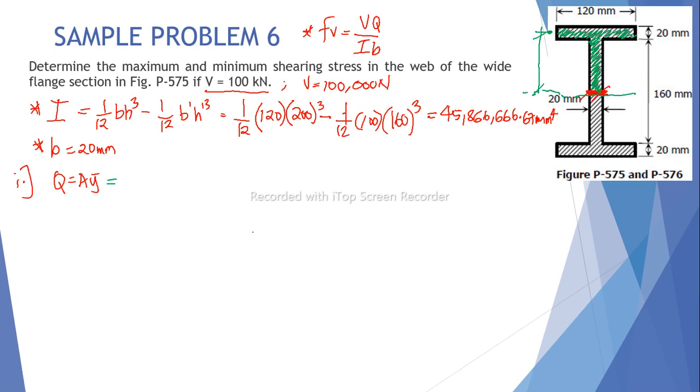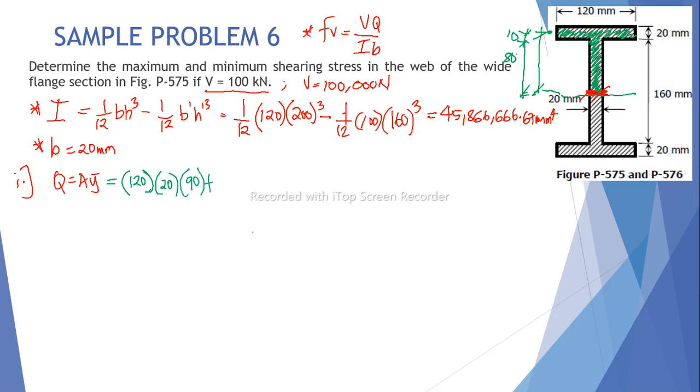Area 1 is the flange on top: 120 millimeters times its thickness of 20 millimeters times its Y bar. The Y bar is the distance of the centroid of the area to the neutral axis. On top we have 10 millimeters, and going to the bottom we have 80 millimeters, so overall that is 90.